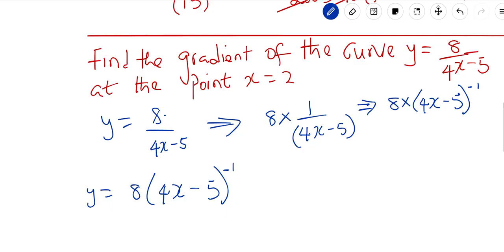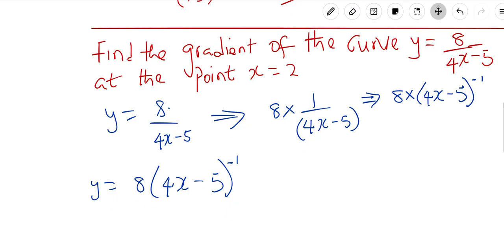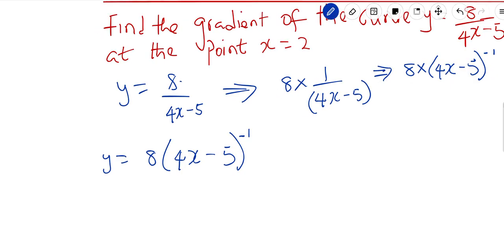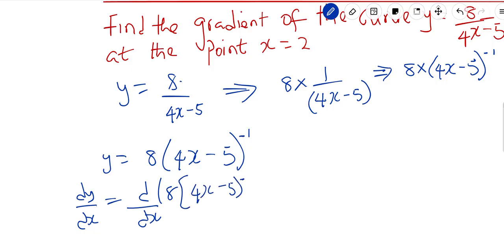Okay, so if I use the chain rule to solve this, what am I going to do? I'm going to differentiate the inner function, and I'm also going to differentiate the outer function. So if I differentiate dy over dx, this is saying I should differentiate 8 into (4x minus 5) to the power of negative 1.